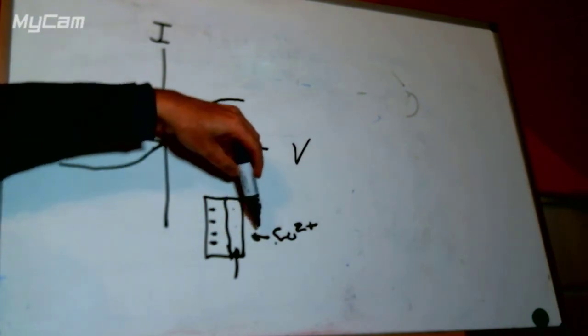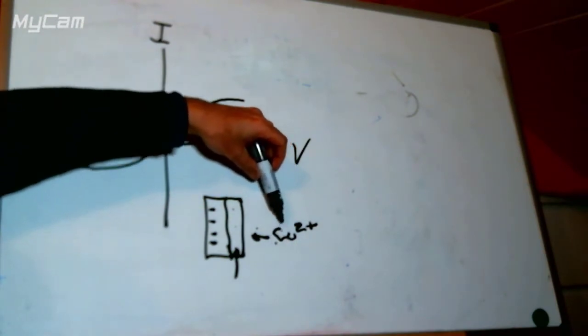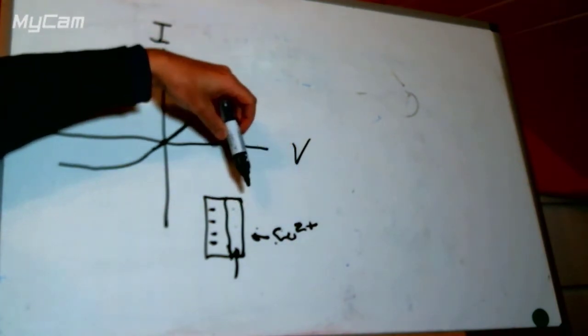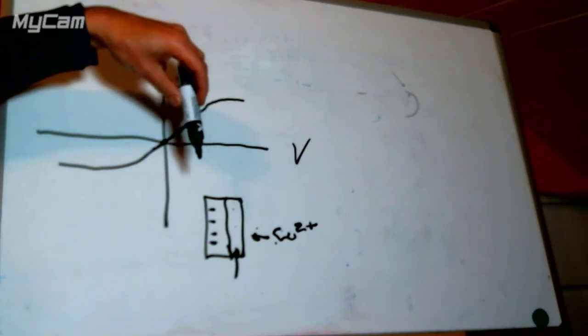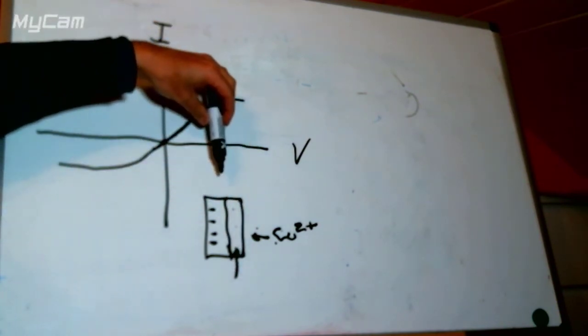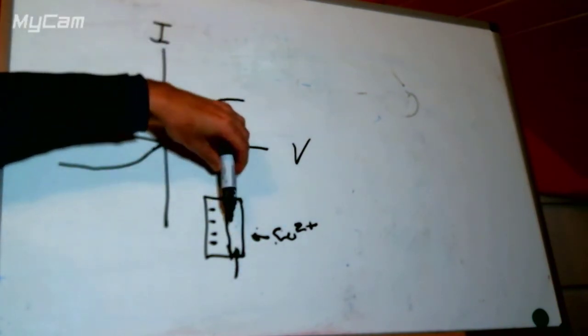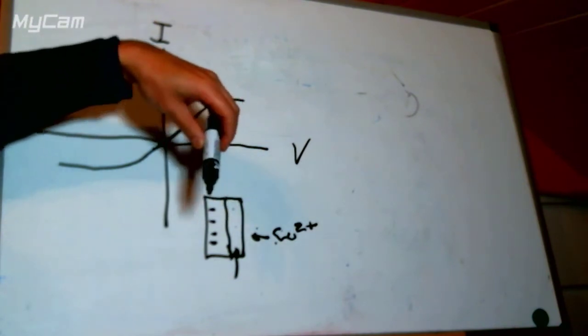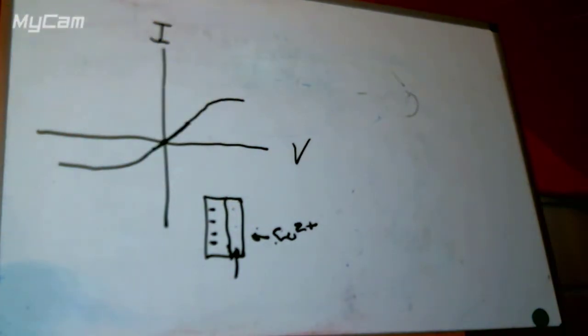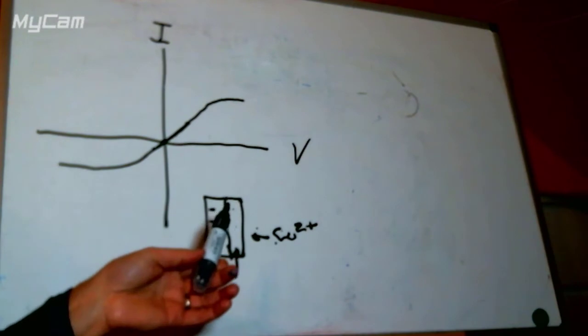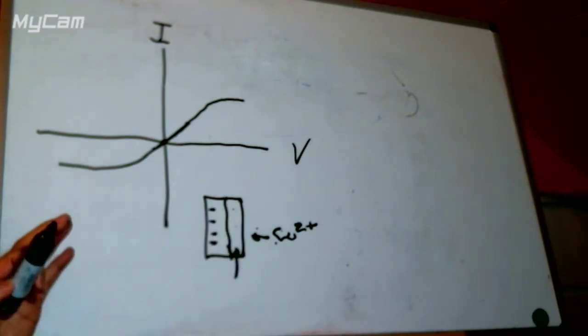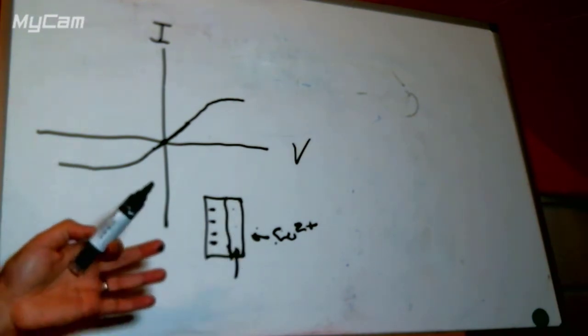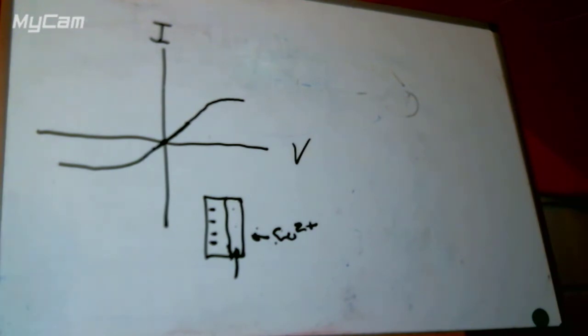We can stir it. That will make the copper ions move closer. So stirring does improve it. But there's always a layer close to our surface which isn't moving, and that will still have no copper ions in it. On the other direction, it will become saturated with copper ions, and we get into danger of precipitating something like copper hydroxide, copper oxide or something onto our electrode if we're not careful.